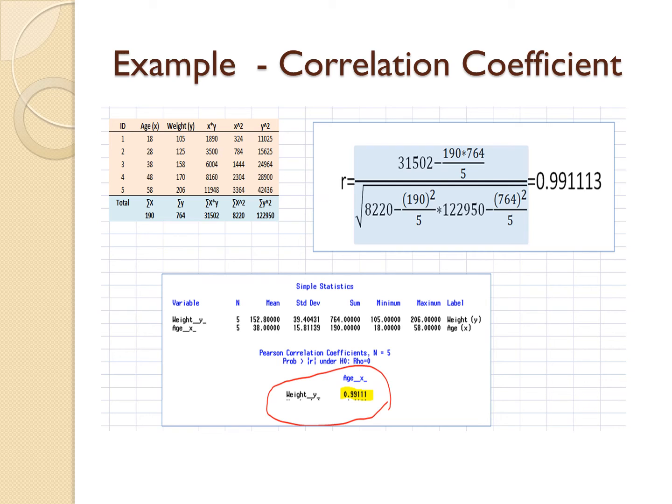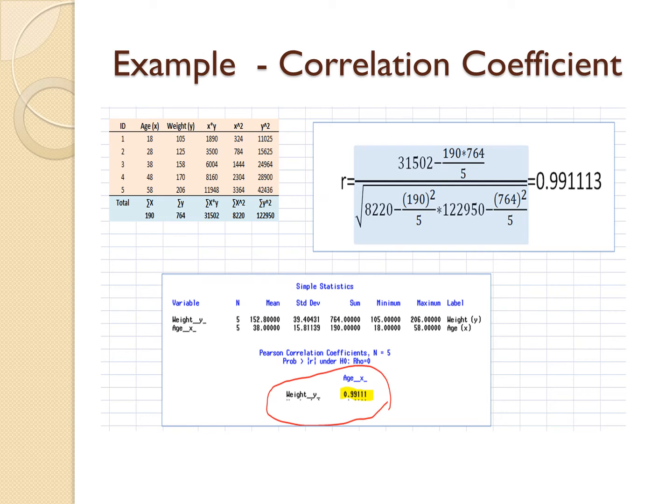The good thing is we do have statistical softwares that calculate correlation coefficients for us. In this example, I presented the correlation coefficient that I calculated manually in Excel, and also what was calculated from the statistical software SAS.